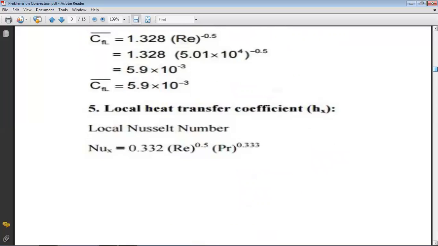The next bit of the question is you need to calculate the local heat transfer coefficient. In order to calculate, you need to use the equation for local Nusselt number, which is given by Nux equals 0.332 Re to the power 0.5 into Prandtl number to the power 0.333 or 1 upon 3.